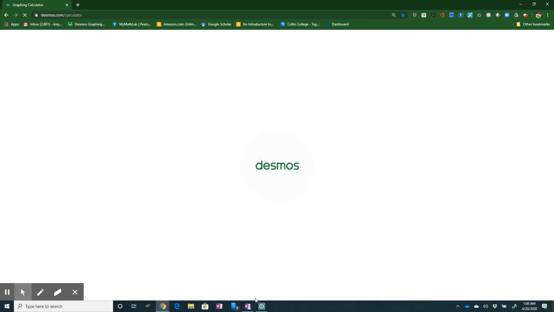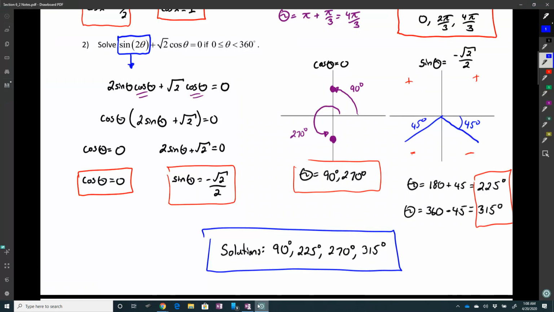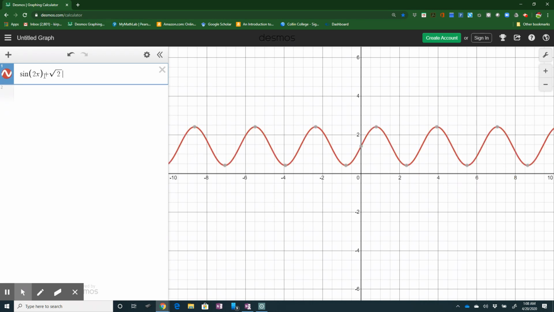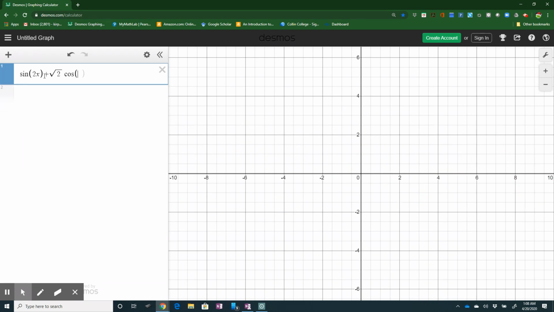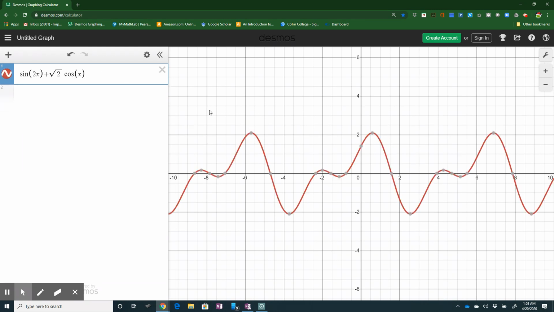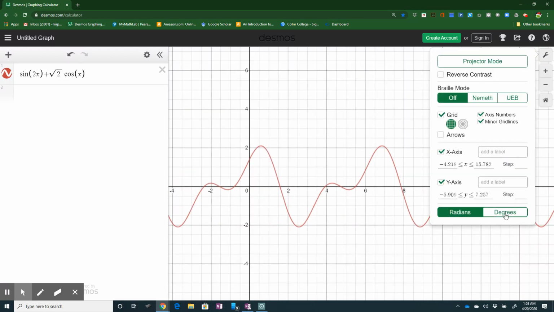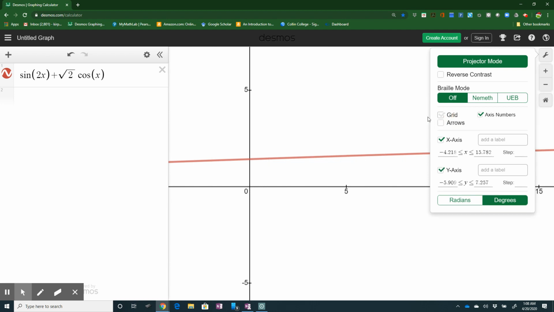So for instance, this problem was sine of 2 theta plus square root of 2 cosine theta. So in Desmos, you have to put sine of 2x plus square root of 2 cosine x. Okay, so you get this weird looking solution. We're in degrees though, so I need to switch this to degrees. Projector mode, turn off the grid.